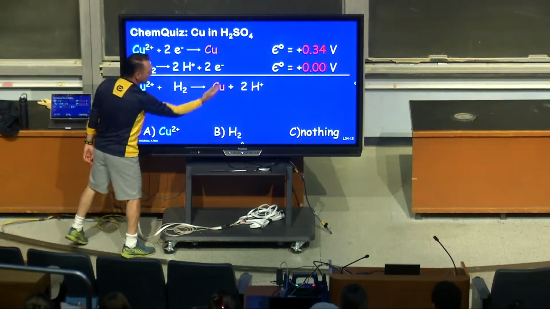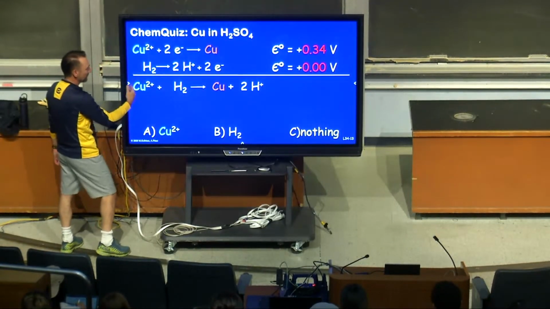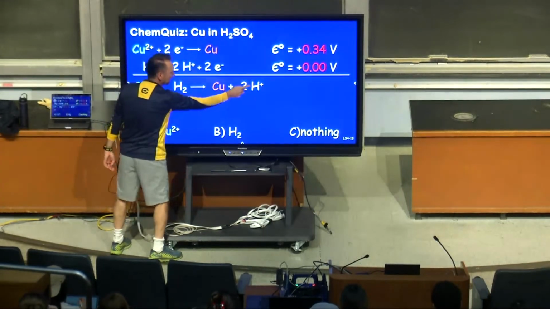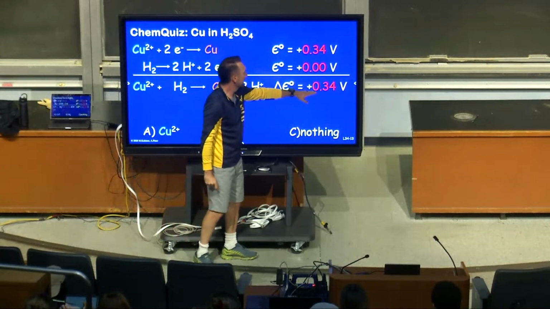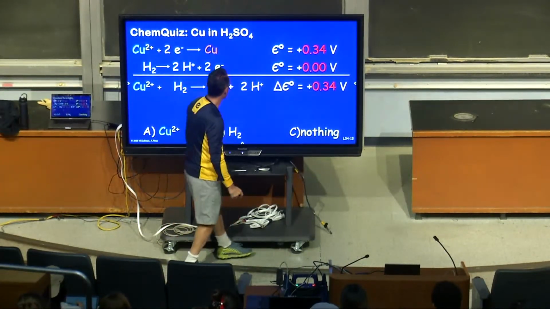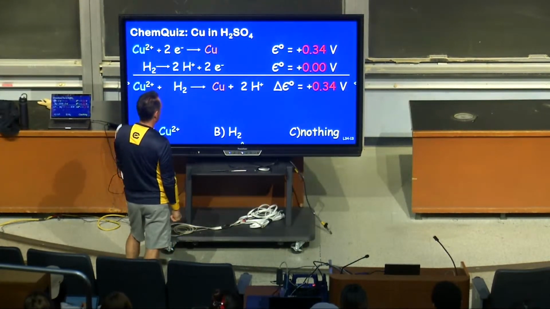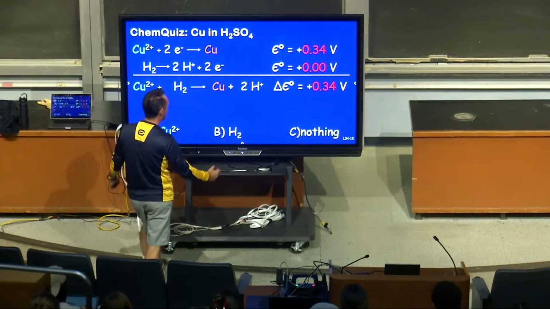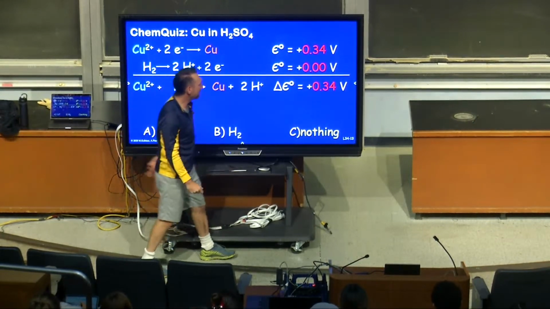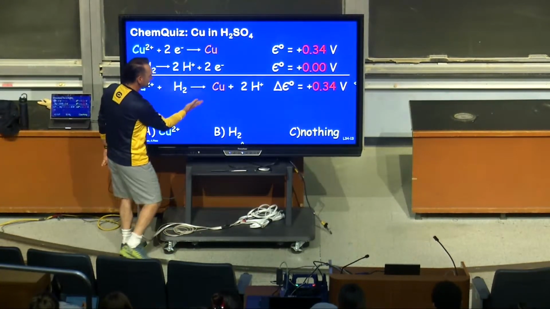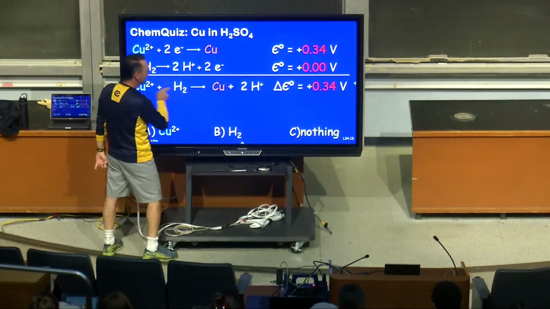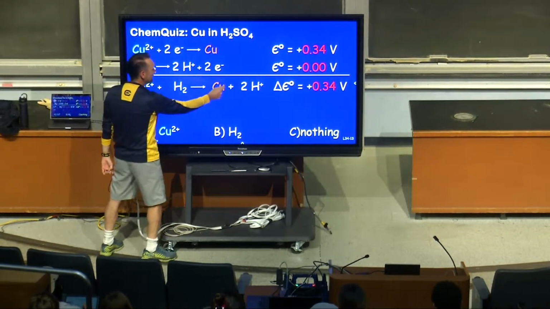This is what you put in the beaker, those two things. You get a positive voltage for that happening, because you'd add those two together like that, but it's positive going this way, and you have these two things.